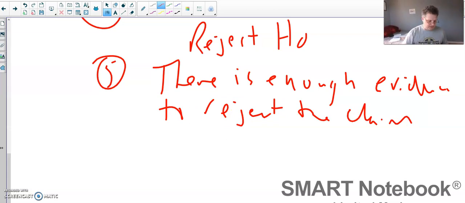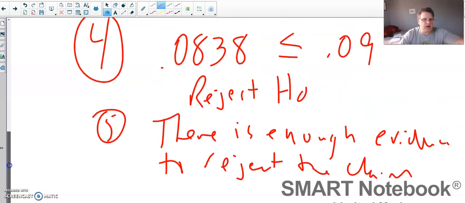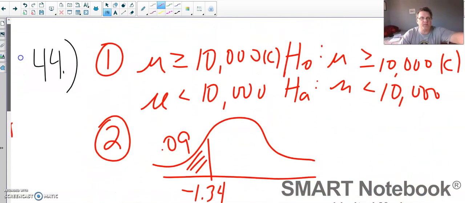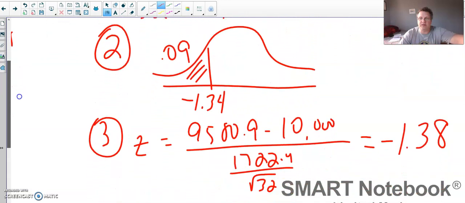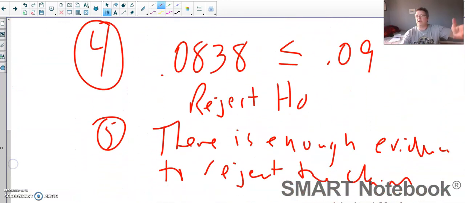And remember, that's fine for now. You don't have to put in all the context, but that'll come later. So there is enough evidence to reject the claim. Done. This is exactly how I want the 5 steps written out. Make sure you have every single one accounted for. If you don't have something on the handed-in assignment, it just loses points.